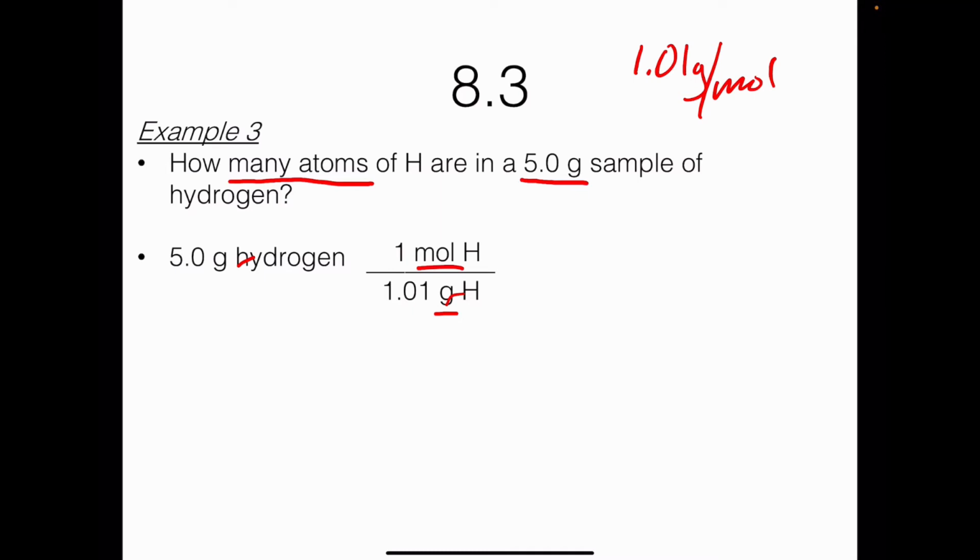Now, can I stop converting at this point? I can't, because the question that was asked of me was how many atoms of hydrogen, and I'm in moles of atoms right now, so I need to get down to that very large number. So my last step is to put moles of hydrogen on the bottom, and then Avogadro's number of hydrogen atoms on top.